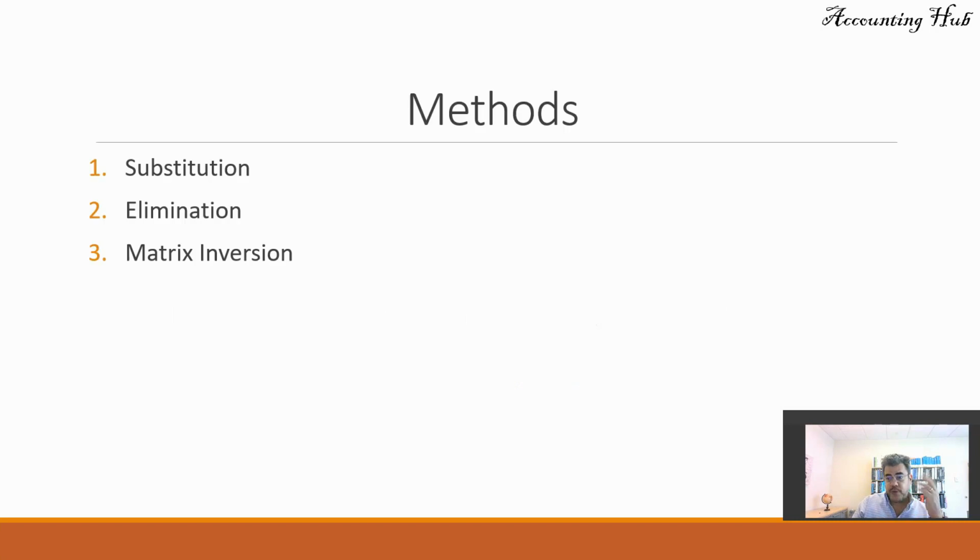So for instance, we have three methods: substitution, elimination, and matrix inversion. Substitution and elimination work for small problems. Two equations, two variables, three equations, three variables. More than that, it becomes hard. But matrix inversion, that is our topic here, we can do it on tons of equations and variables.